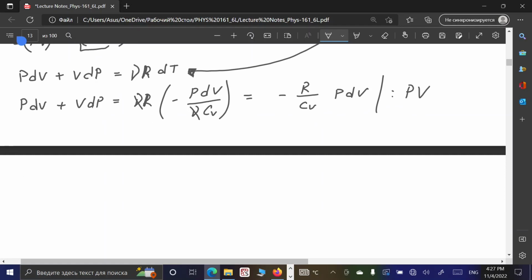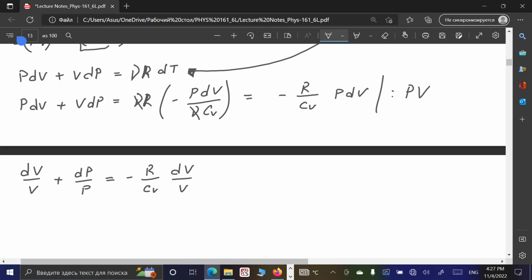First term in the left will give us dV over V. Second term will give us dP over P. And in the right side, we get minus R over CV. And here will be dV over V.